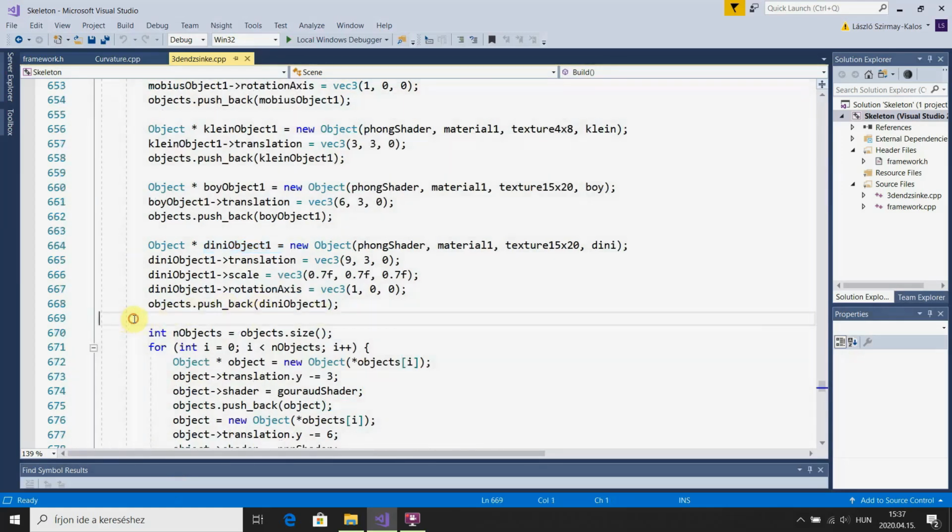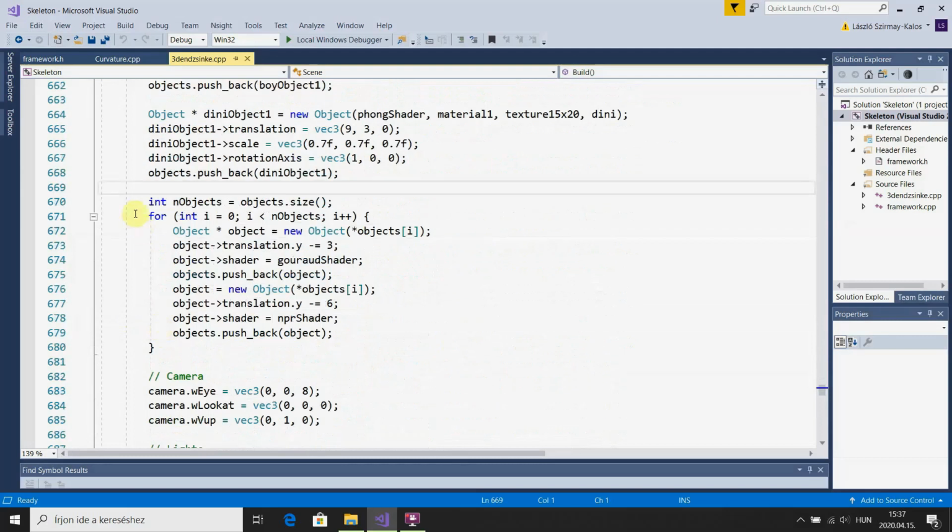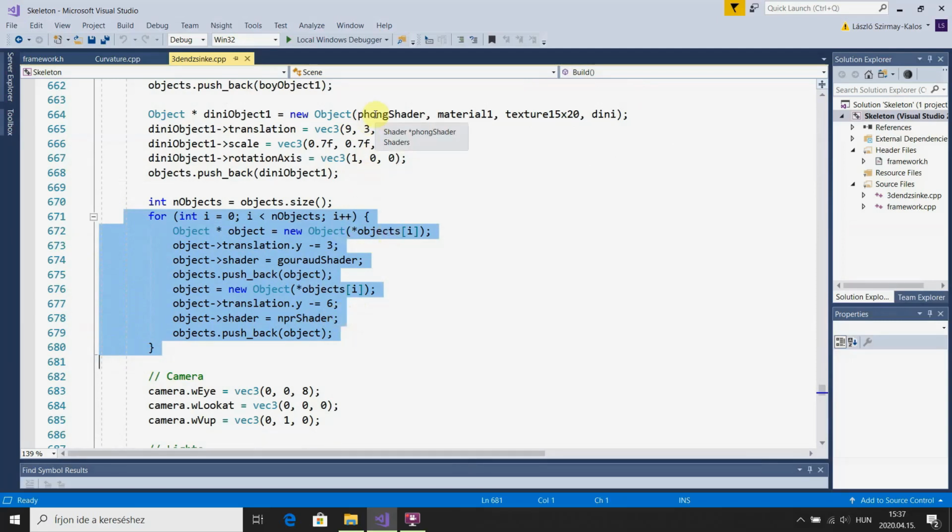So we already created a kind of zoo of different geometries and different objects. Now we triple this zoo and create these objects 2 more times with this for loop. The transformation parameter is modified just to translate the row of objects to a different place in order to make them distinguishable, replacing the Phong shader in the first round of objects with Gouraud shader and also NPR shader.